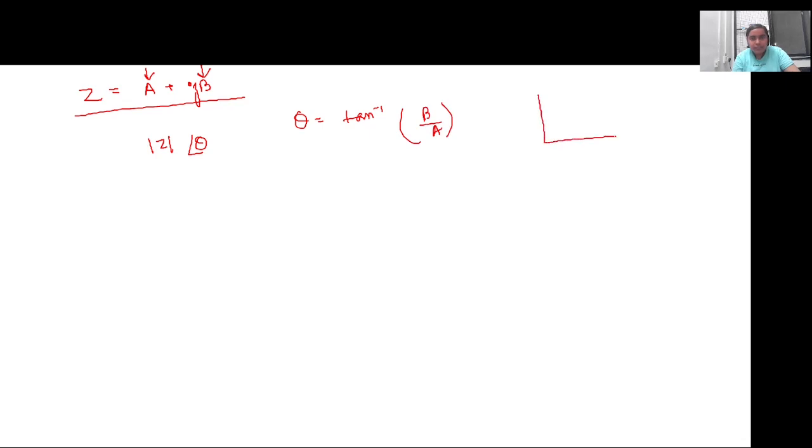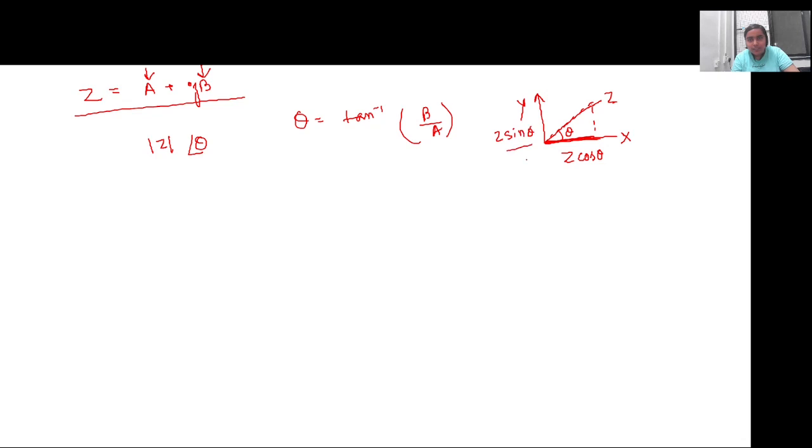If this is the real axis and this is the imaginary axis, suppose this is z, this is z cos theta, this is z sin theta.